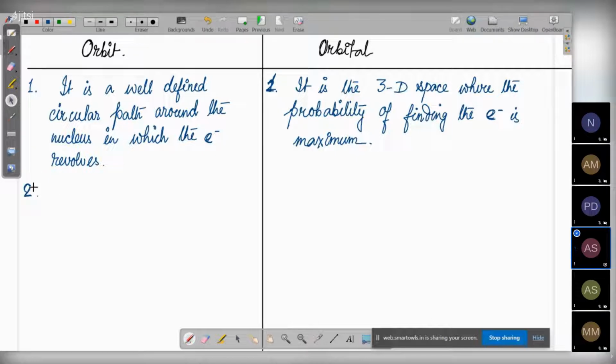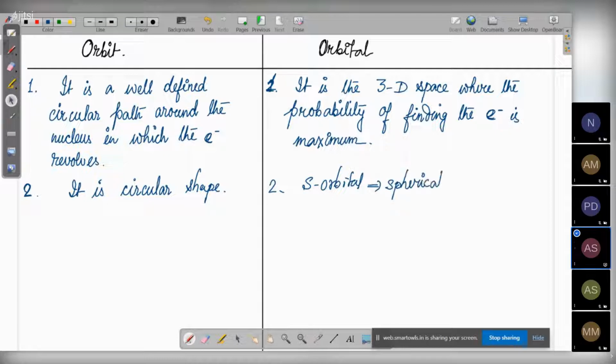Then number two, orbits, as we have learned from a lower class, are circular in shape. Whereas orbitals are of different shapes. The s orbital is spherical, they do not have a fixed shape.